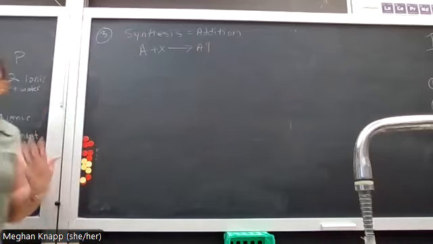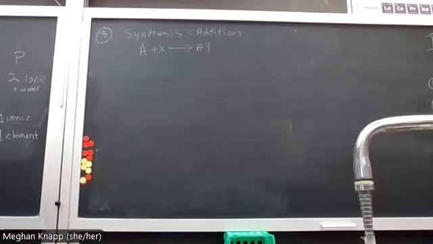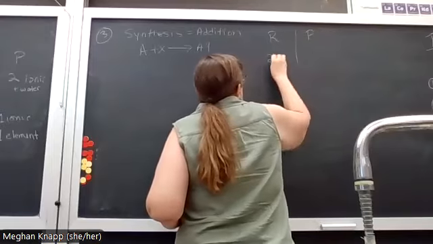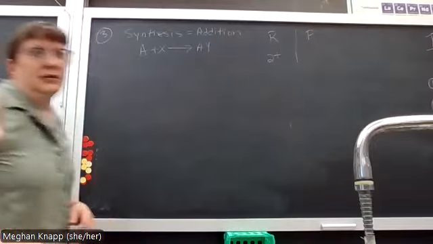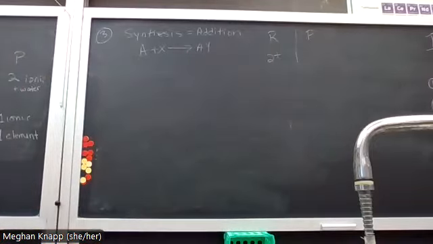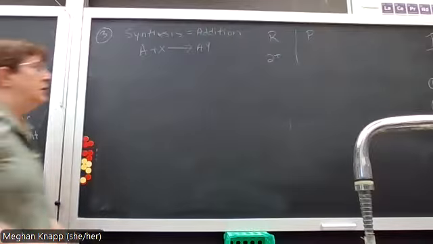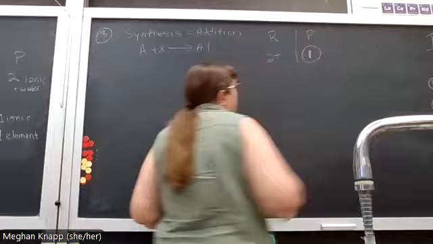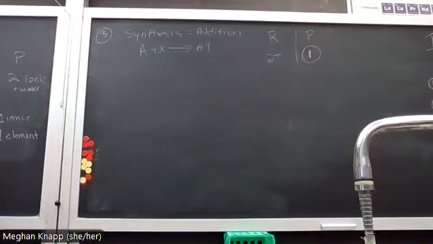It will have 2 reactants and 1 product. It might have 3 reactants and 1 product. So I'm going to put 2 plus, because it could be 2, could be 3. Theoretically, it could be 5. I've never seen that many. But only 1 product, and that's the key thing you're looking for. If there's only 1 product, automatically it's a synthesis reaction.